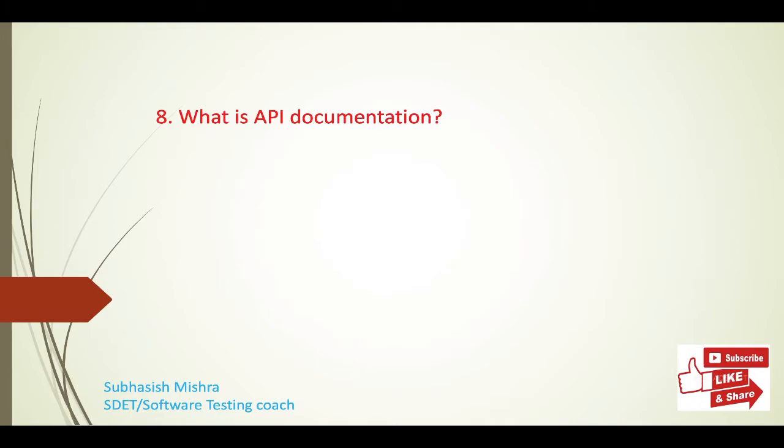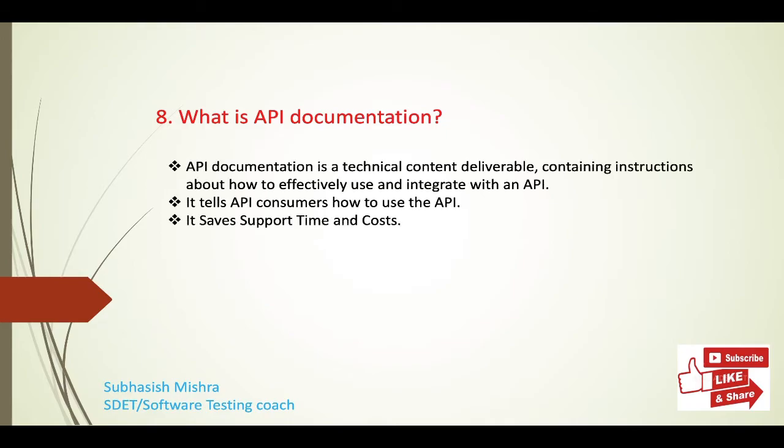API documentation. People expect you to understand about API documentation. What is API documentation? API documentation is a technical content deliverable containing instructions about how to effectively use and integrate with an API. Basically, it tells API consumers how to use the API.